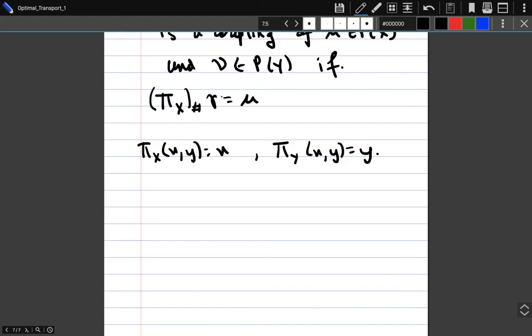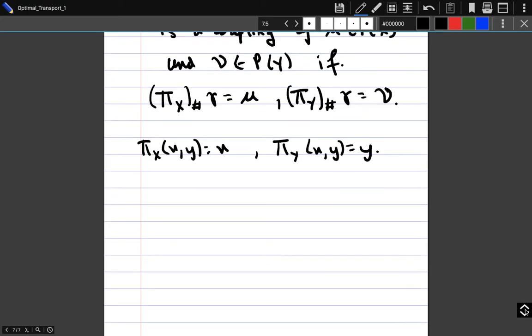If you project on the x component, you should recover the law mu, and if you project on the y component, you should recover the measure nu. If this condition holds, then gamma is said to be a coupling.